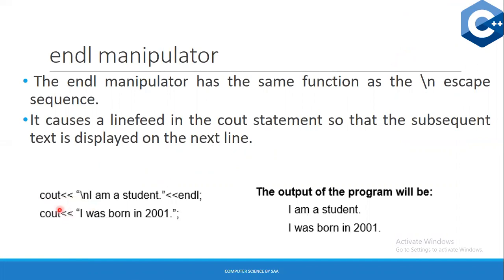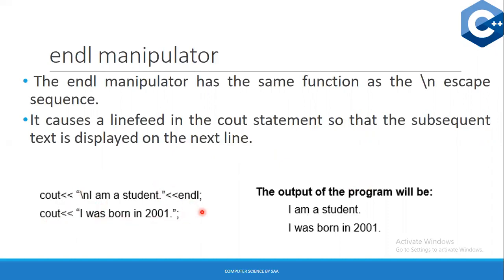For example, the output of this line, cout backslash n, I am a student, will be the same as by using the endl. We write endl outside these double quotation marks, and you can see cout I was born in 2001.